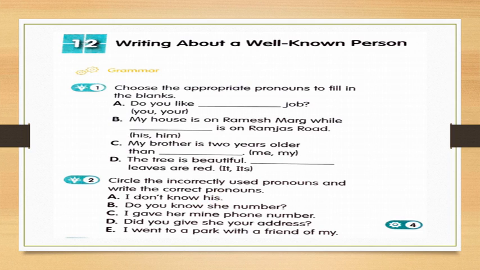Here this is wrong. Here we are supposed to use him. I don't know him. We can't write his. It's wrong. So like that you have to complete the remaining sentences of this particular question set also. Like B, C, D and here B, C, D, E. Very nice.